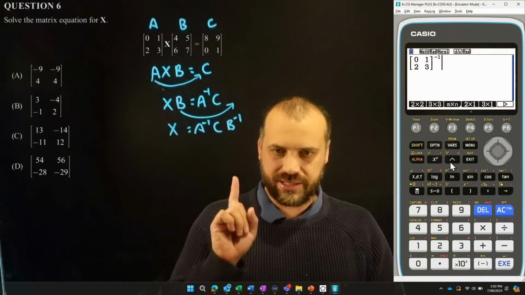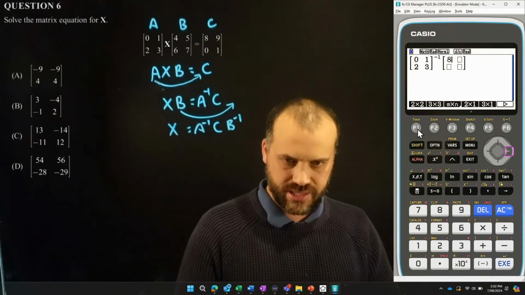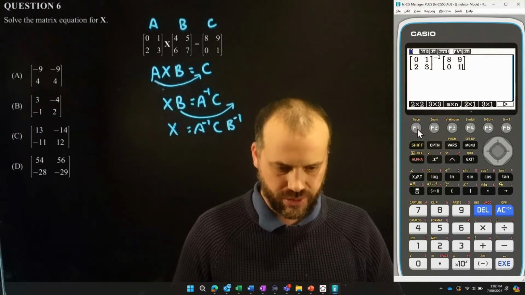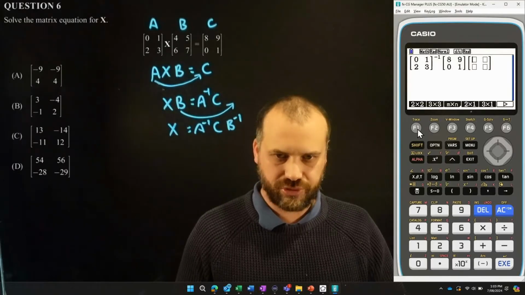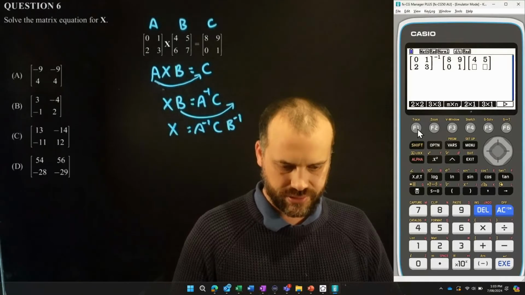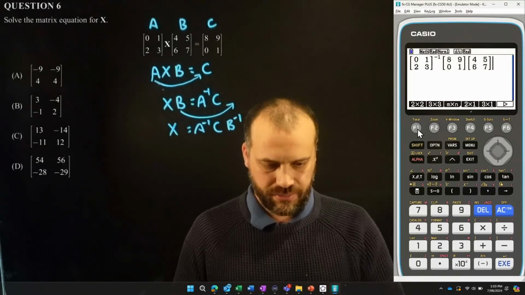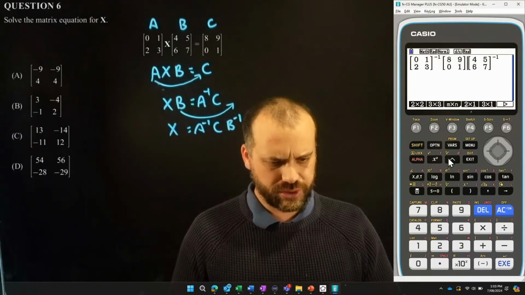Now I need C. Okay, so let's put in another 2 by 2 matrix and C is 8, 9, 0, 0, 1. And then I need another matrix, and that matrix is 4, 5, 6, 7, but another inverse, -1. Now I think I need multiply signs here.